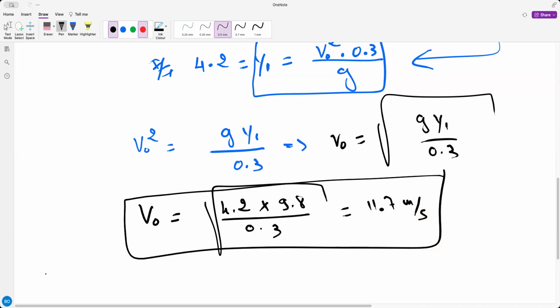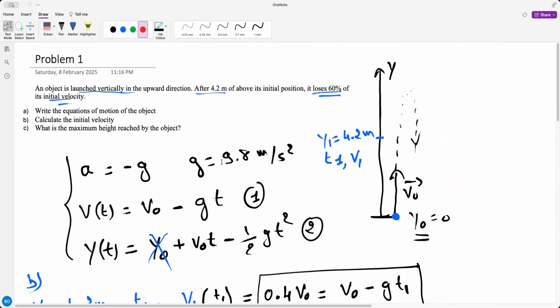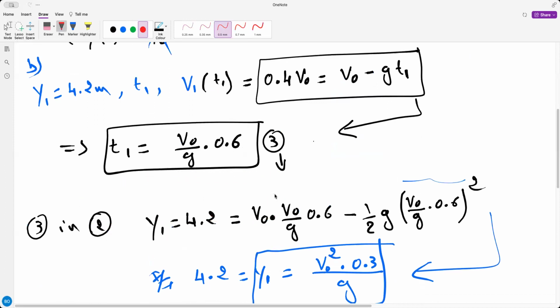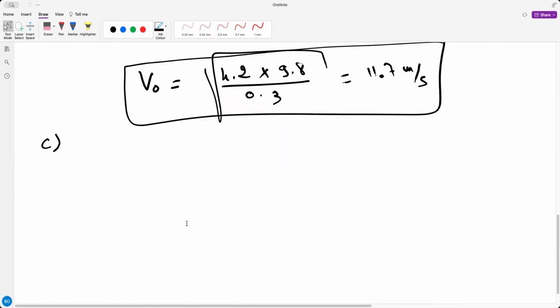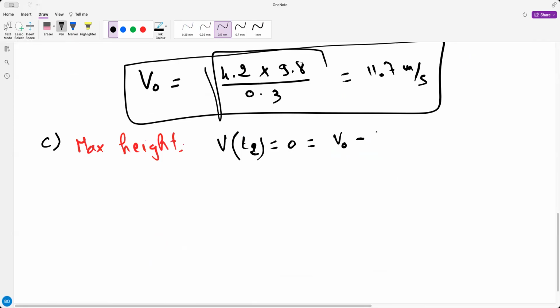Okay. Now, what is the last question? The last question is, what is the maximum height reached by the object? Well, I know that the maximum height corresponds to the velocity being equal to 0. So the first thing I need to do is calculate at which time the velocity is equal to 0. The maximum height is reached at time t2, when the velocity is equal to 0, which is also equal to v0 minus gt.